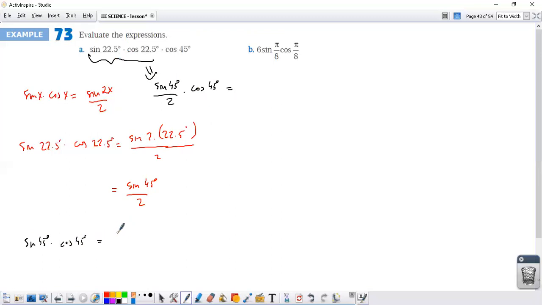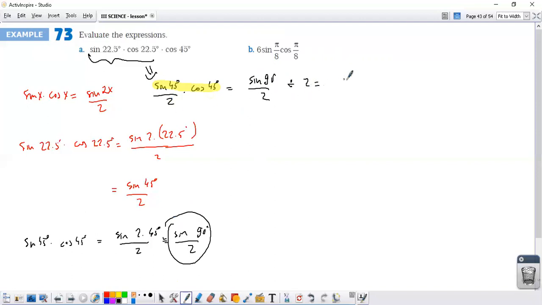So it's going to be sine 2 times 45 degrees over 2, which is sine 90 degrees over 2, right? Okay. So I'm going to take sine 35 and cosine 35 and replace them with sine 90 degrees over 2, divided by 2.